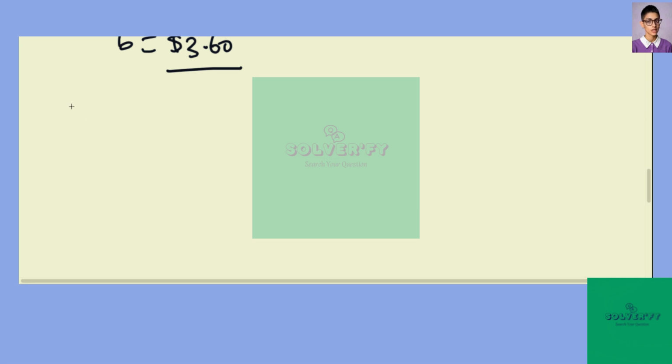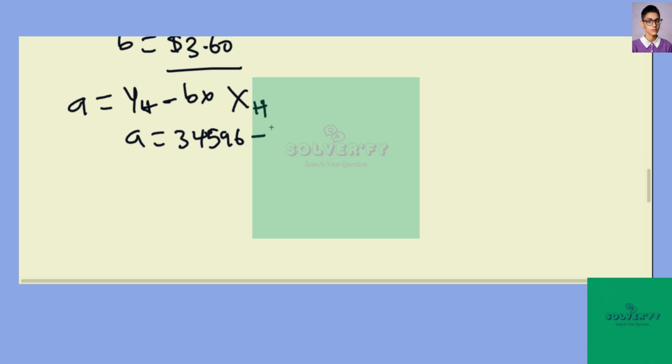Now I'm going to calculate the intercept for the shipping cost with the highest cost value we're given at the units shipped. So the intercept A would be YH minus B multiplied by XH. So A would be equal to 34,596 minus 3.60 multiplied by 9,610, and then A is equal to $0.